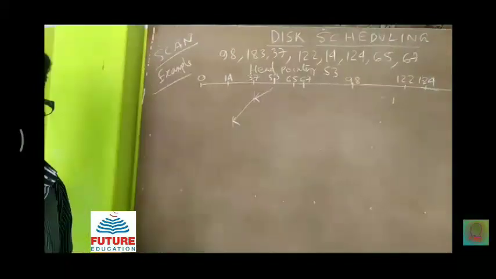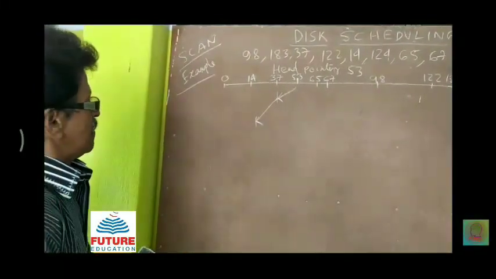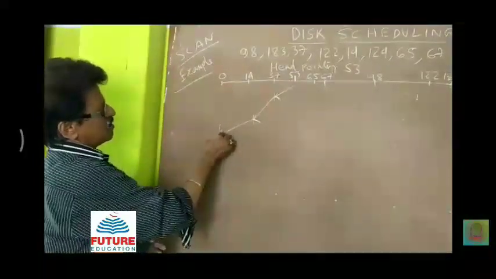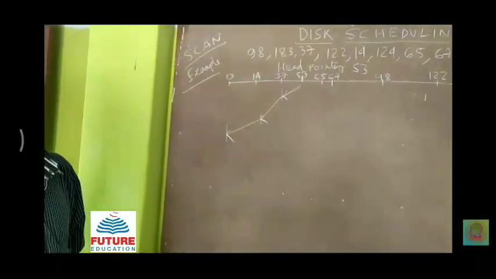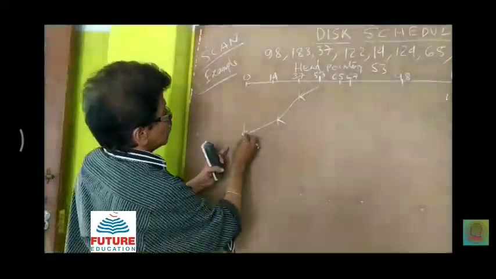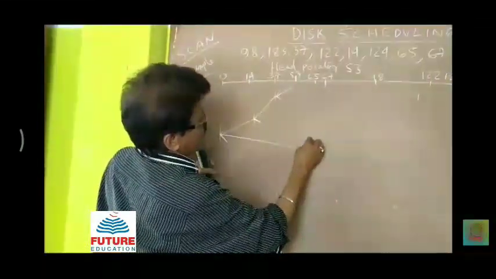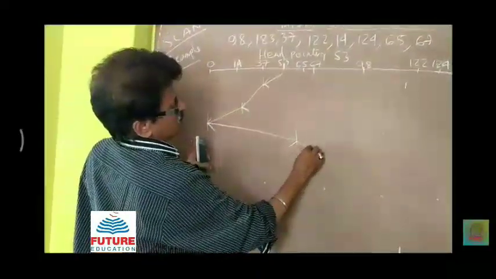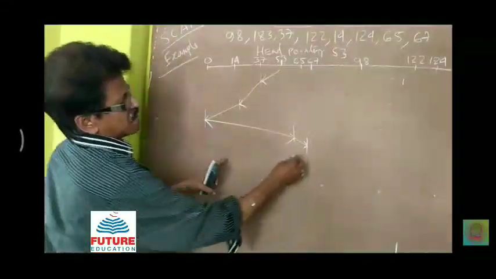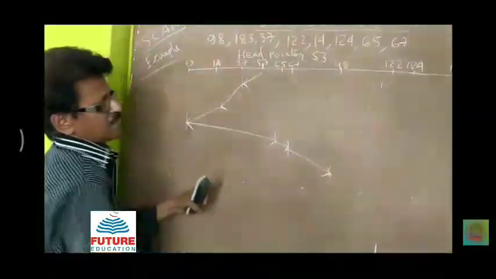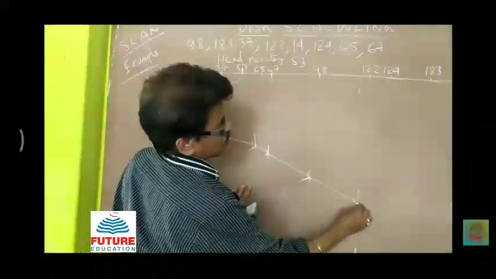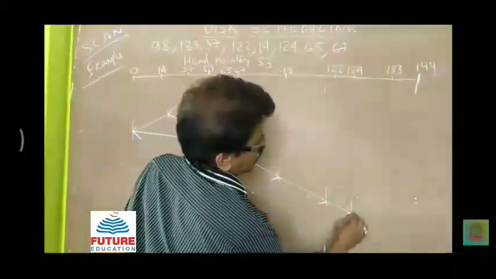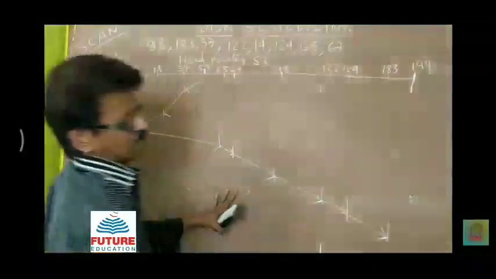But now the change is we have to go to the starting, that means track number 0. From 0 we go in the forward direction to 65, from 65 to 67, then 67 to 98, 98 to 122, 122 to 124, and again 183.